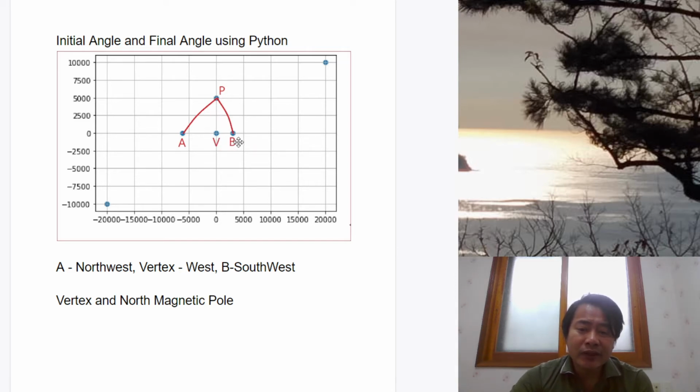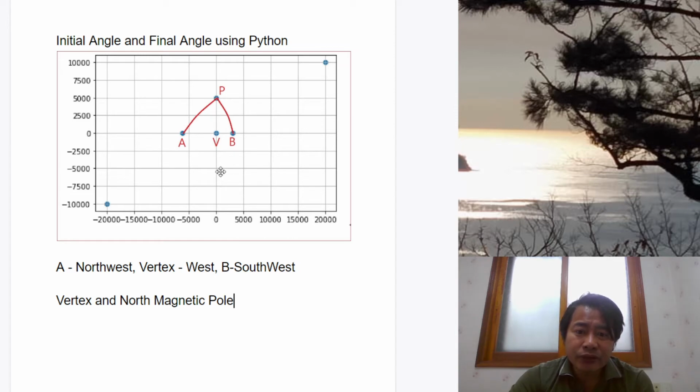So the vertex of the great circle is very variable, and it changes by the points A and B. If we change the points A and B to another part, that means AB make another great circle. So the great circle has a new vertex, so this is very changeable.